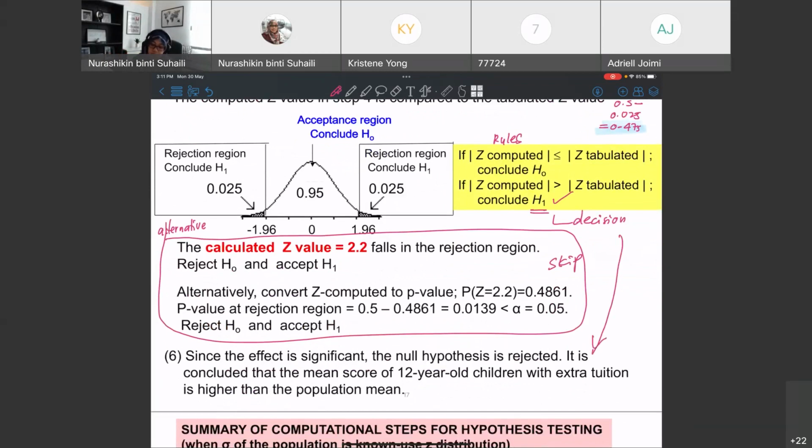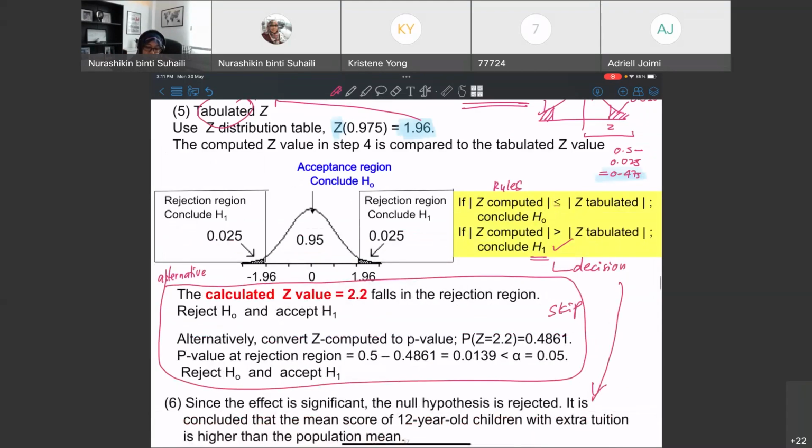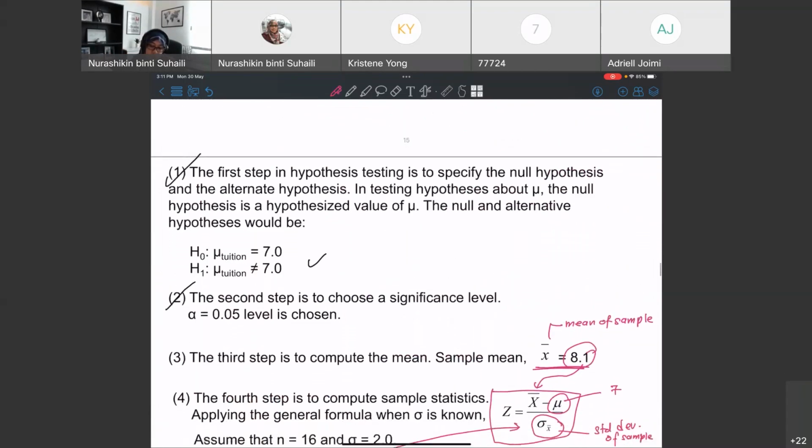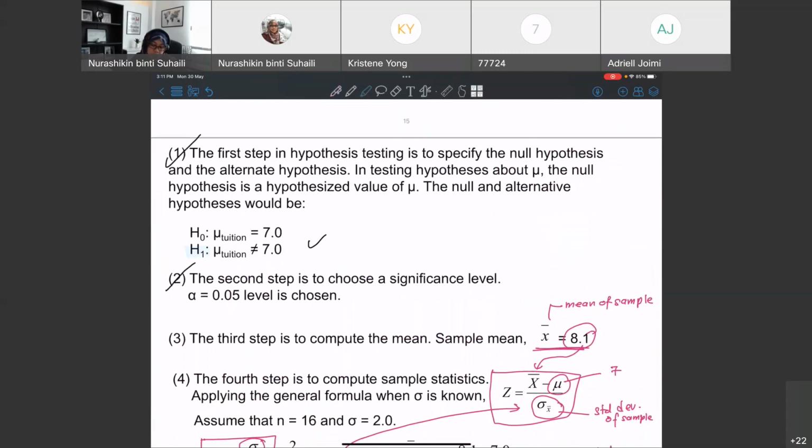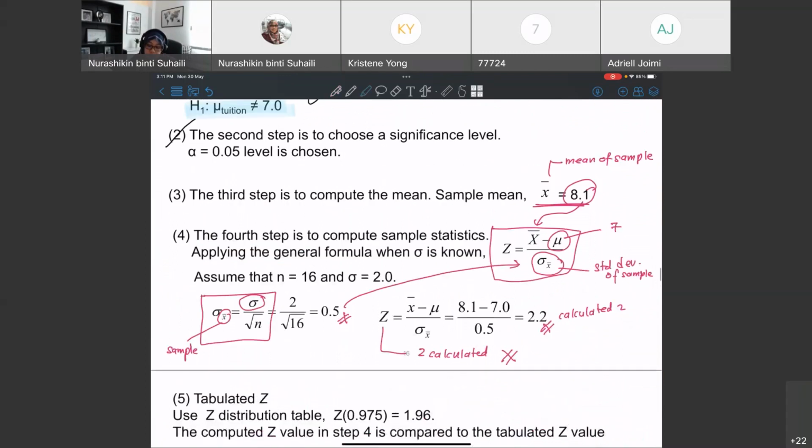Yeah? So you conclude, which means that you accept the alternative hypothesis. Okay, go back to your alternative hypothesis. What does your alternative hypothesis say? It says that the mean of the students with the tuition is not equal to 7, right? So that is what you have to write.